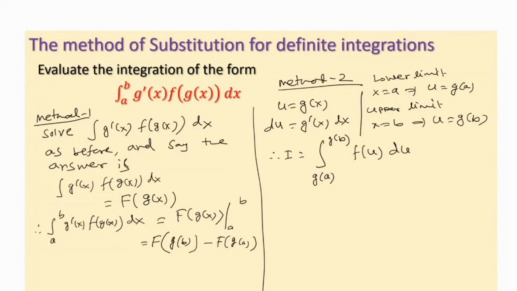Now if you know the antiderivative of f, let's say it is capital F, then F of u with limit g of a to g of b. So this is equal to F of g of b minus F of g of a.